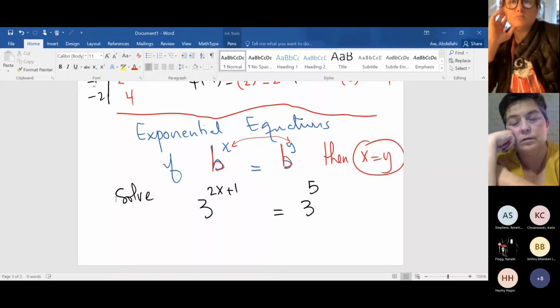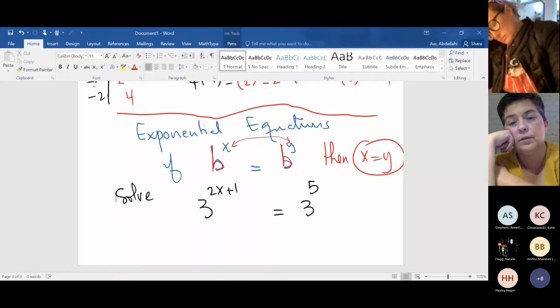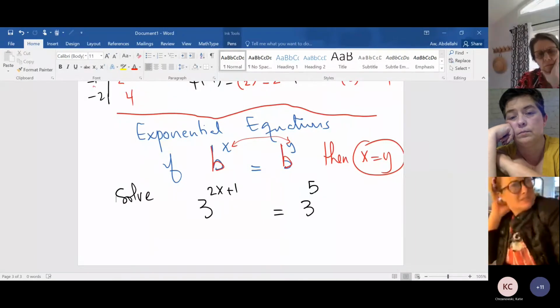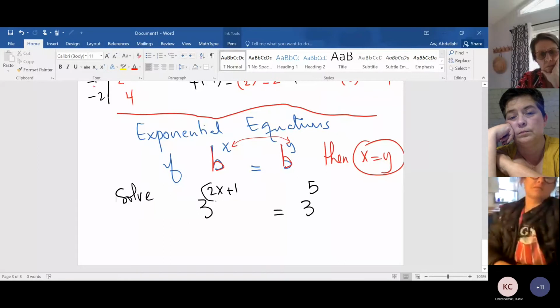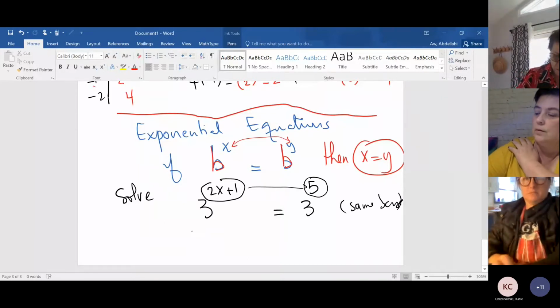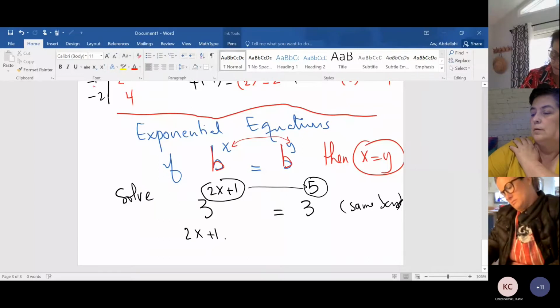They must be equal, right? Because we have the same base, the two exponents must be exactly equal. Which means 2x plus 1 must be equal to 5, and then we solve for x. You see that, everybody?